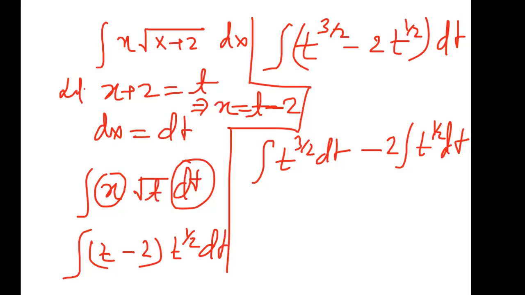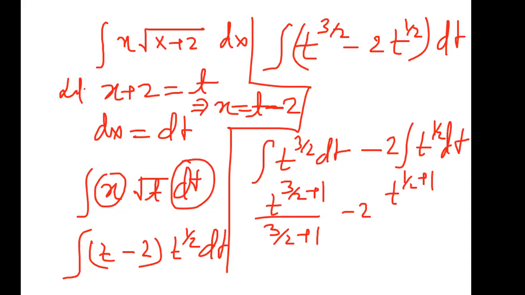Now t to power 3 by 2 will be t to power 3 by 2 plus 1 upon 3 by 2 plus 1, minus 2 times t to power 1 by 2 plus 1 upon 1 by 2 plus 1, plus c.